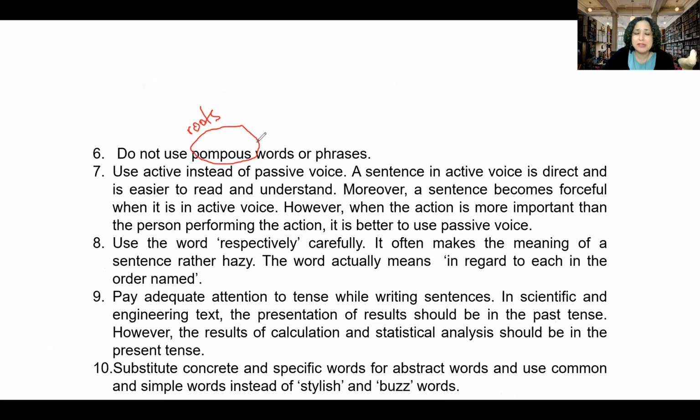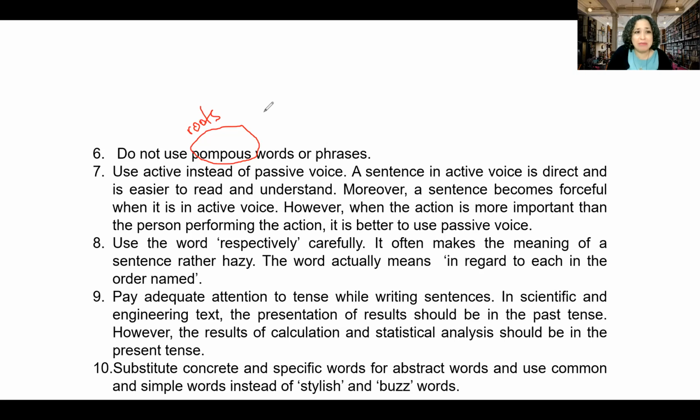Do not use pompous words or phrases, because you're thinking that it's going to look better if you write with those words. No, it's actually going to get you in trouble, because those words probably and more certainly are not going to be related to what you're trying to say, and it's going to create confusion, definitely. So just adjust yourself to the simplest way of speaking.